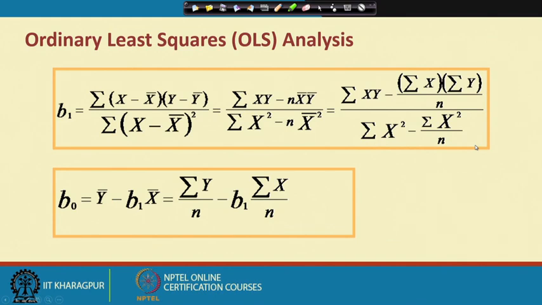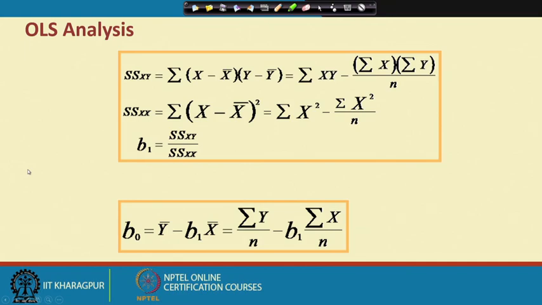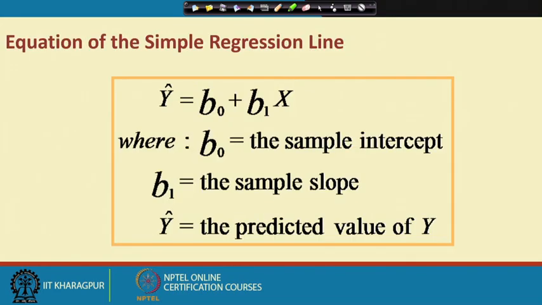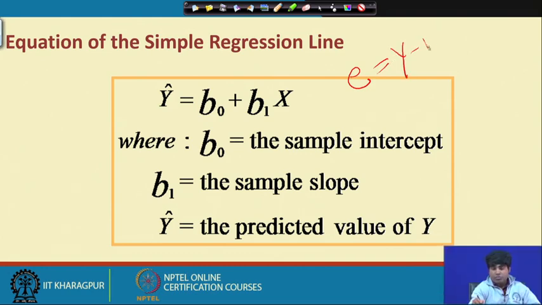This is the estimated model, and to get these parameters we need to find the error terms, which is the difference between the actual values of the dependent variable and the estimated values of the dependent variable. Technically, we need to calculate e, the error component, which is the difference y minus y hat.